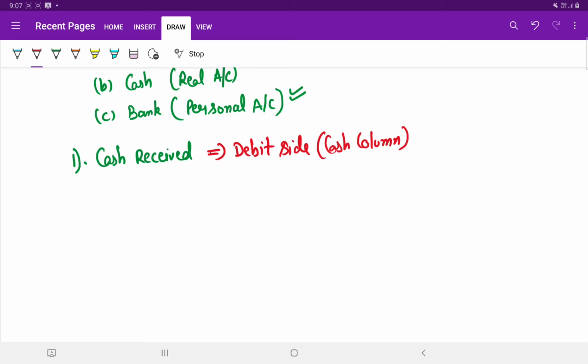And if any discount is allowed to the party concerned, it will be recorded in the discount column on the debit side only. So the discount allowed to the party concerned for this particular transaction will be recorded on the debit side in the discount column.